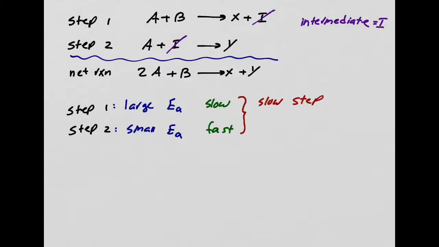So the slow step will control the rate of the reaction. Now we have a fancy name for it, and we call that RDS.